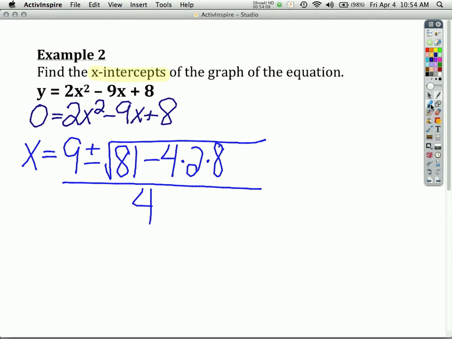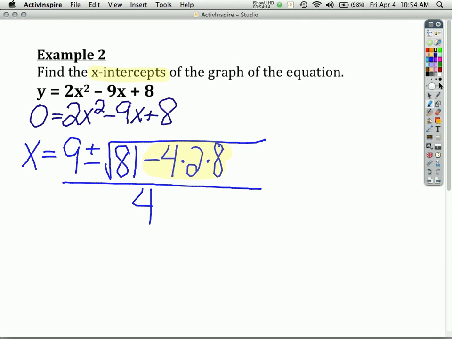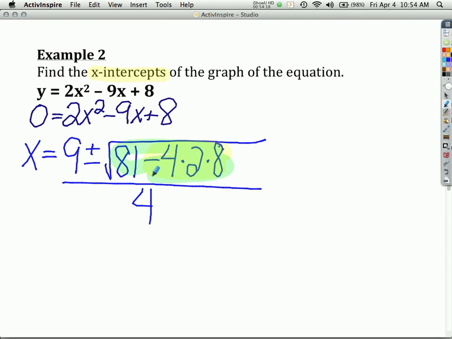So the first thing we need to do is figure out this, and then after that, immediately we need 81 included as well. So we have negative 4 times 2 is negative 8. Negative 8 times 8 is negative 64.